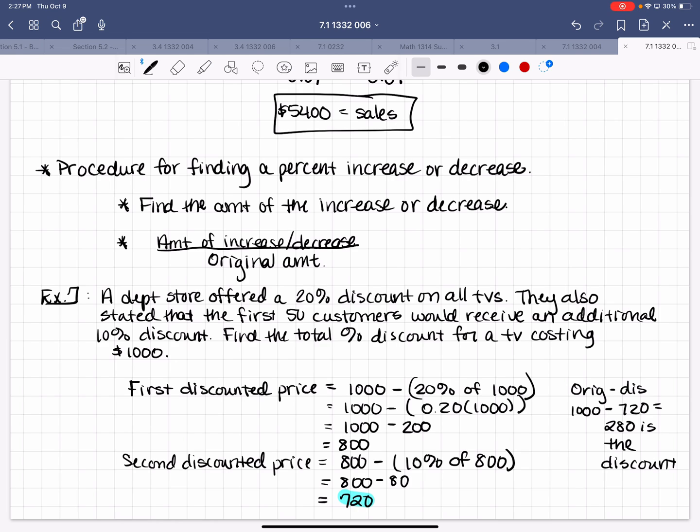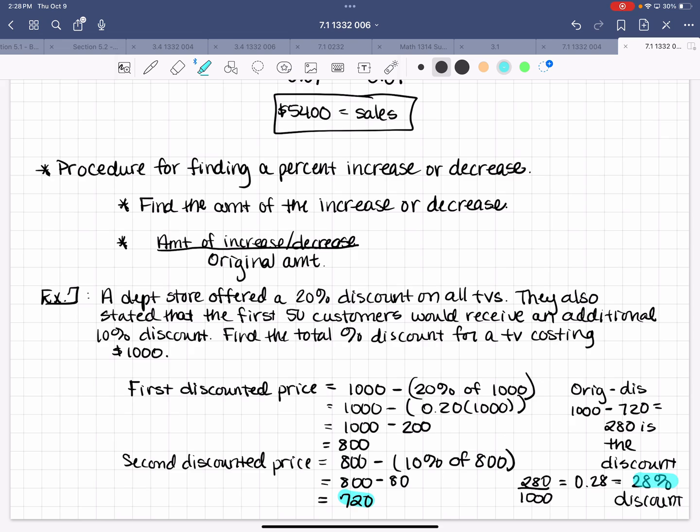Now, I need to find out what percent of 1,000 280 is. So I say 280 over 1,000. What's that going to give me? If I put that in the calculator, that's 0.28, which gives me a 28% discount off the original.